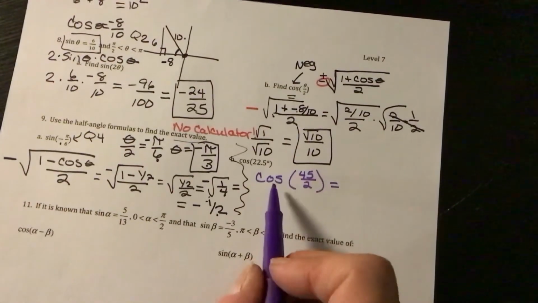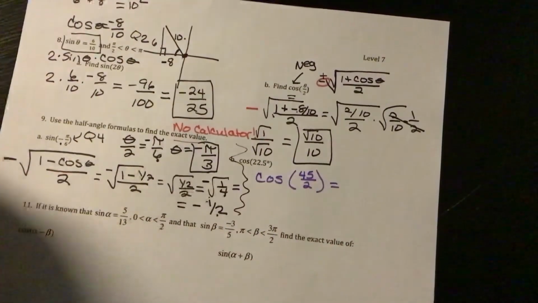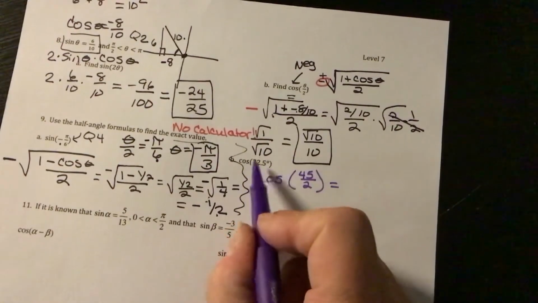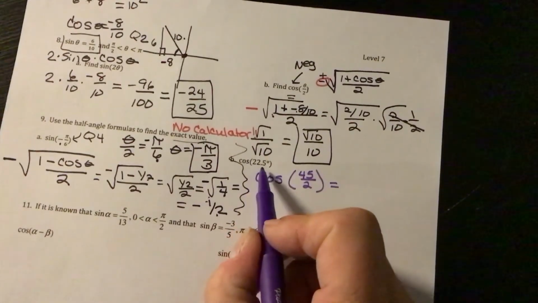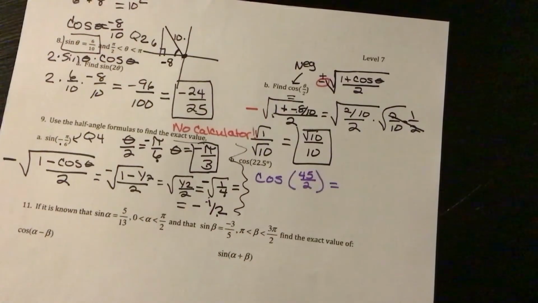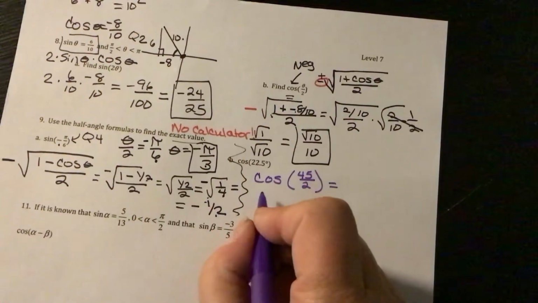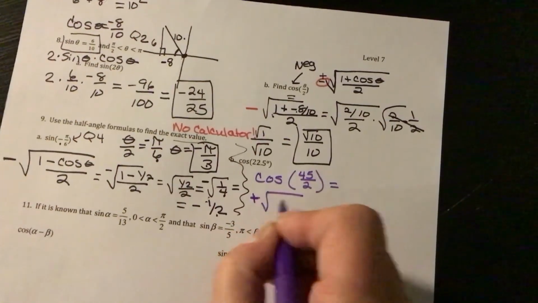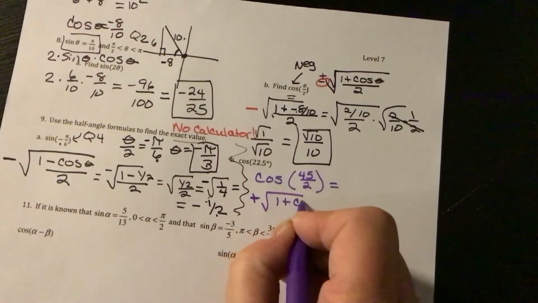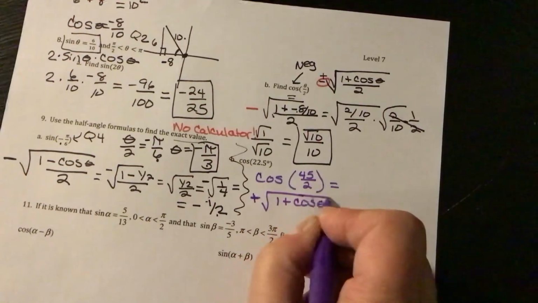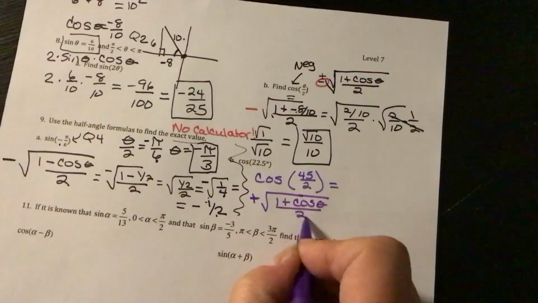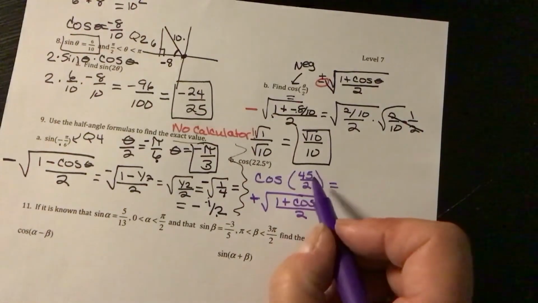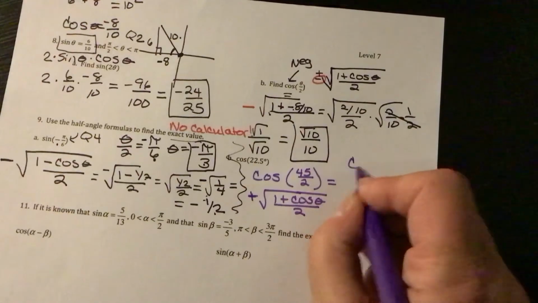And by the way, this is in quadrant 1 because 22.5 degrees is in quadrant 1. So that's a positive value for cosine. So I'm going to use the positive value of the square root of 1 plus cosine divided by 2. Now, cosine of 45 is square root of 2 over 2.